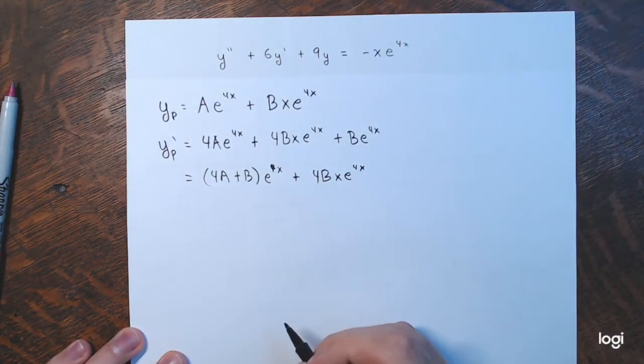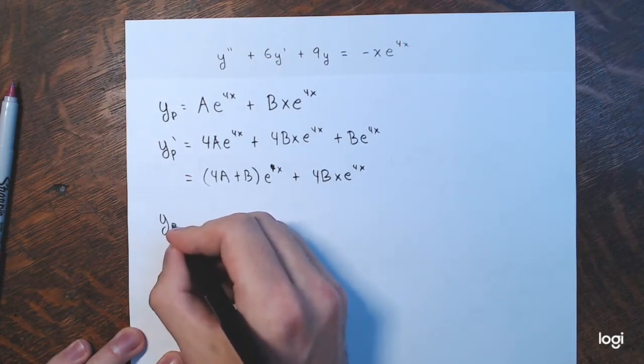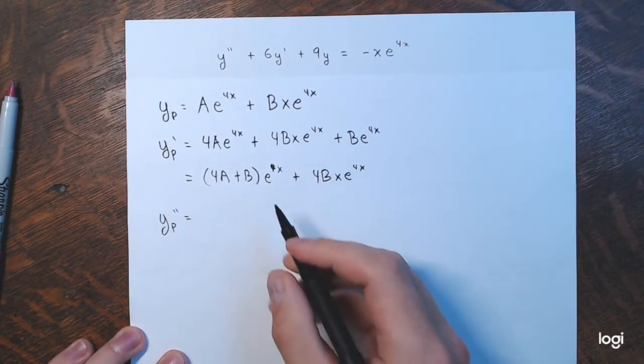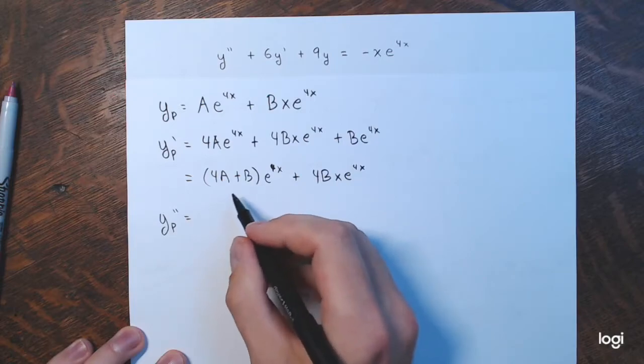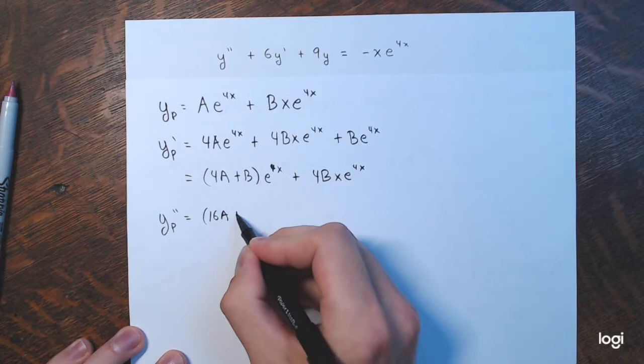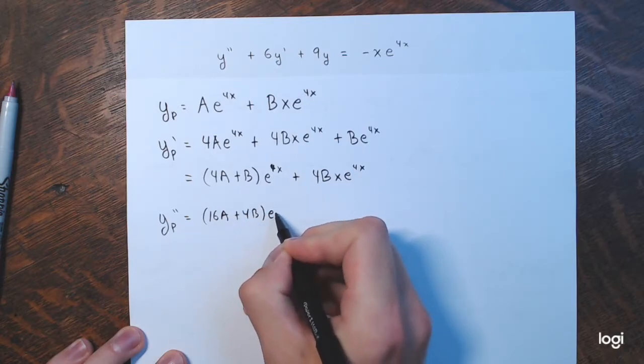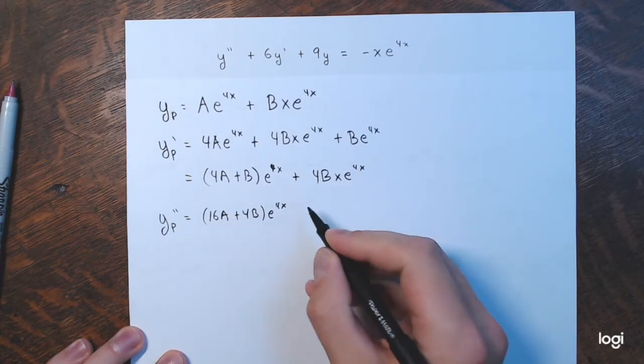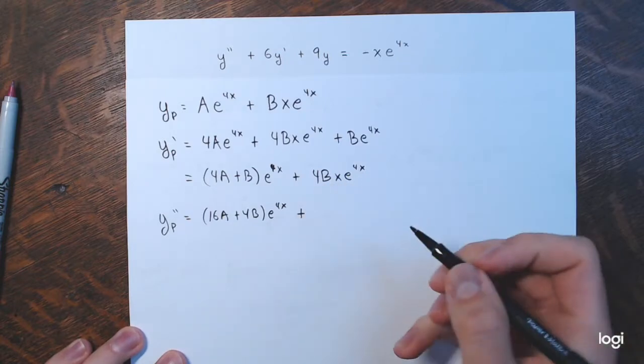All right. And then the second derivative, again here this would just be 4 times this, so 16a plus 4b e to the 4x, plus, and then some product rule here.